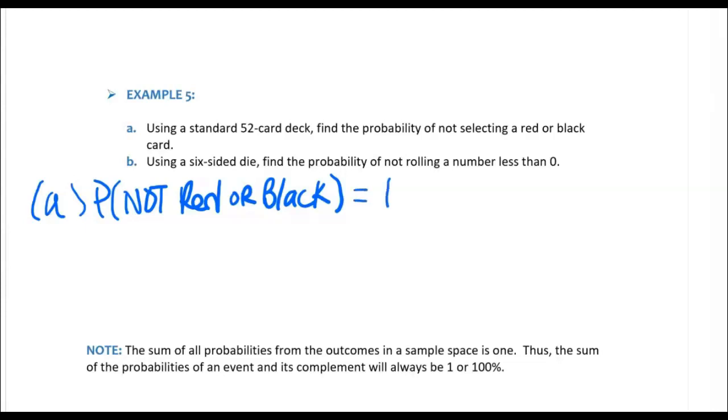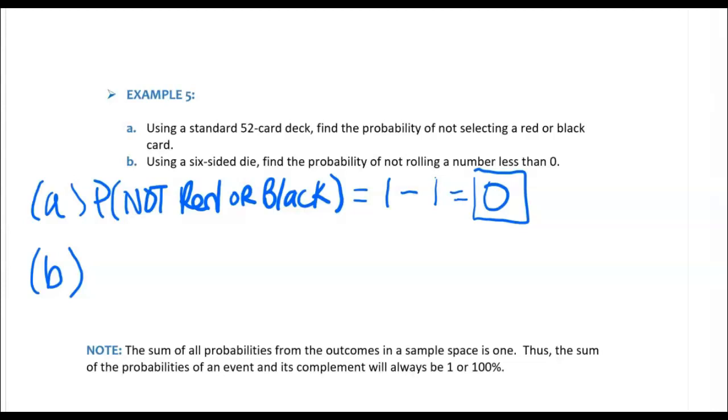So that is 1 minus the probability of selecting a red or black card. The probability of selecting a red or black card is 100% or 1. So 1 minus 1 would be 0. So the probability of not selecting a red or black card would be 0.